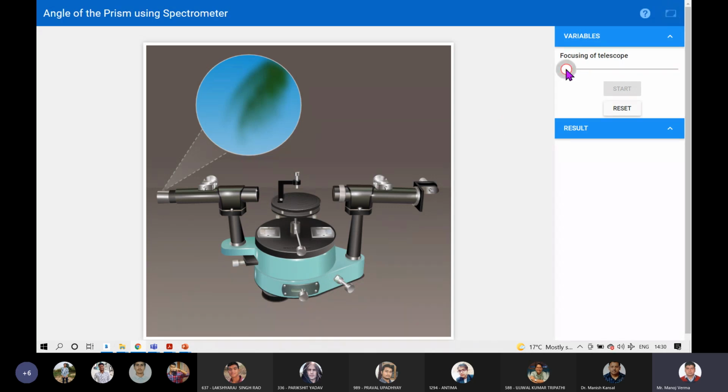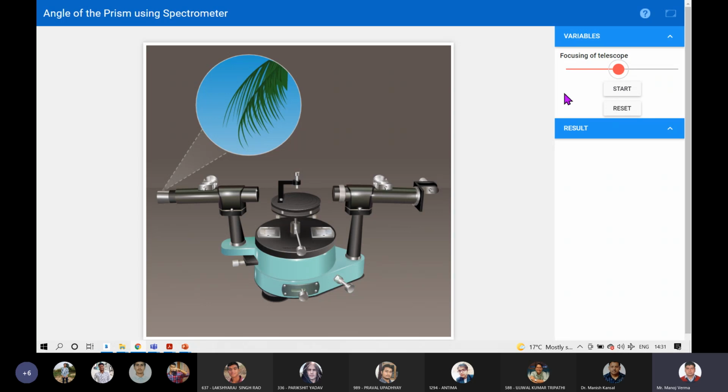If I click on this and drag, the image will change. This image is changing as I am dragging this. Now at this point I can see my image is sharp.